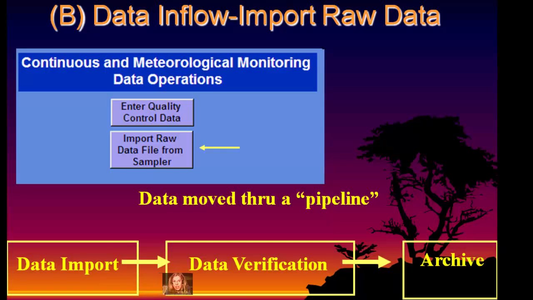But then you have to tell the toolbox what it is, what pollutant, what analyzer it's coming from, and that happens in the data verification table, what units these are, and then transfer the data to the archive table where it sits until you're ready to do the final data review and invalidation. And the data verification table stays empty once you move that data into the archive table.